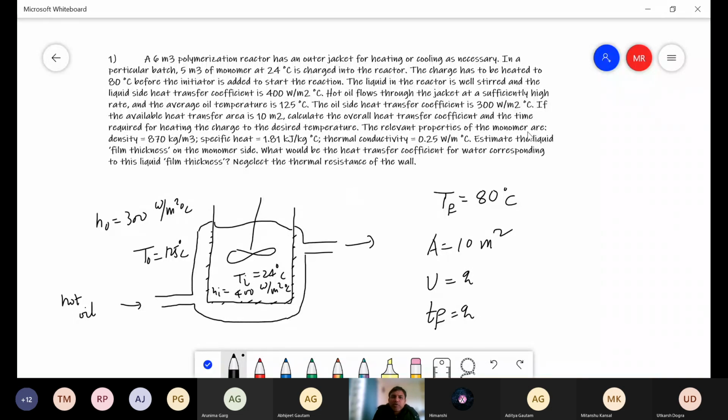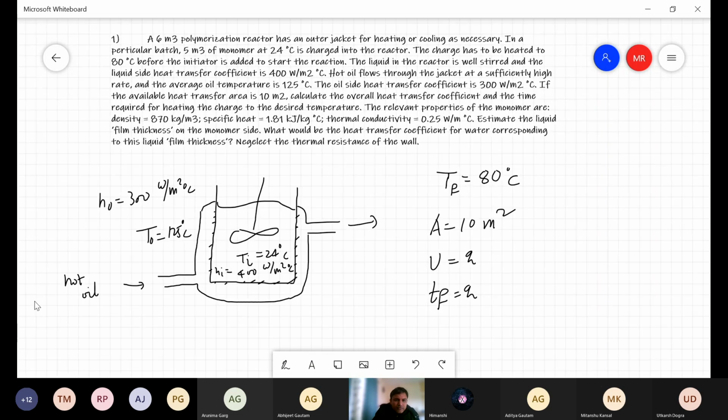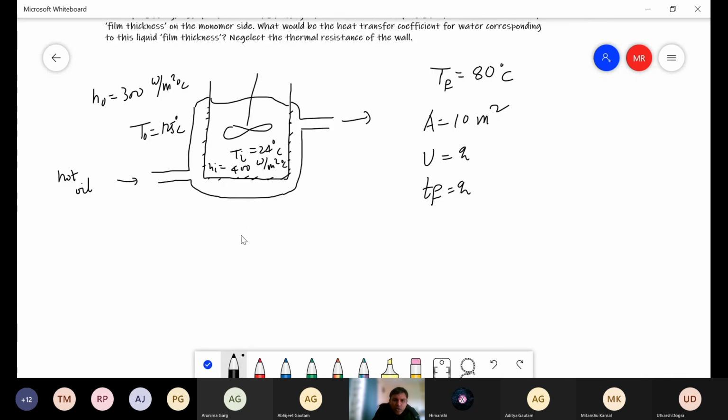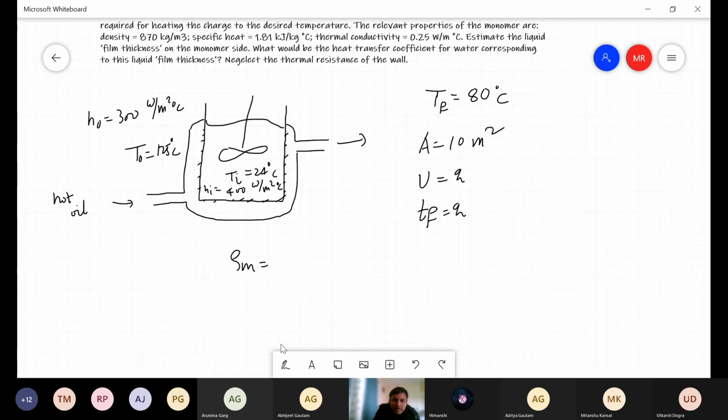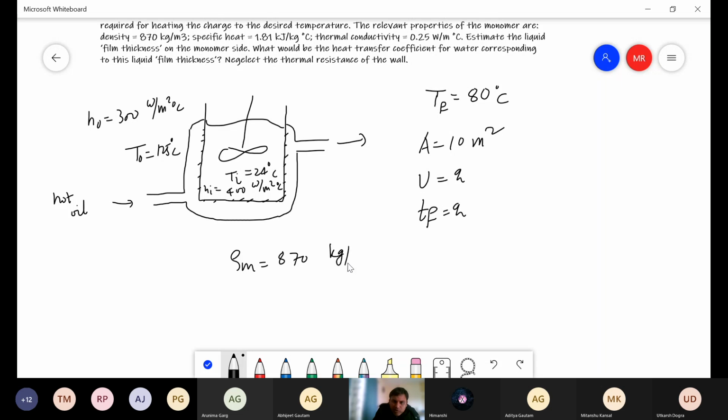the relevant properties of the monomer are given here. Density of the monomer, rho m, is given as 870 kg per meter cube.